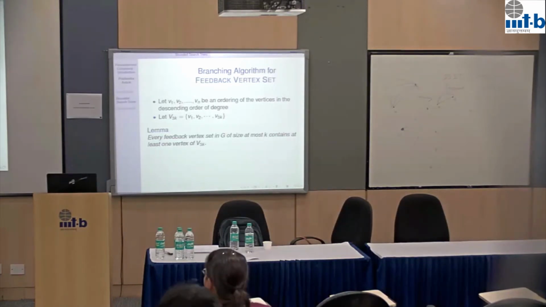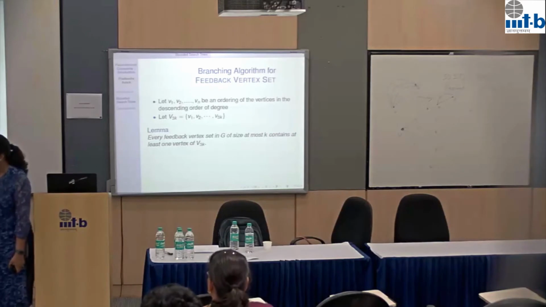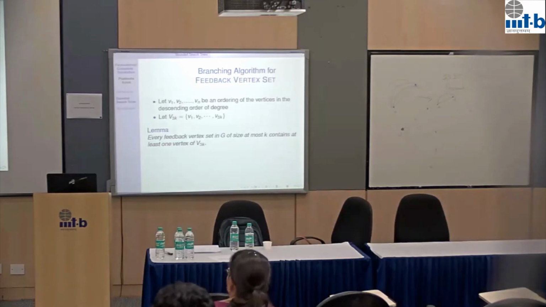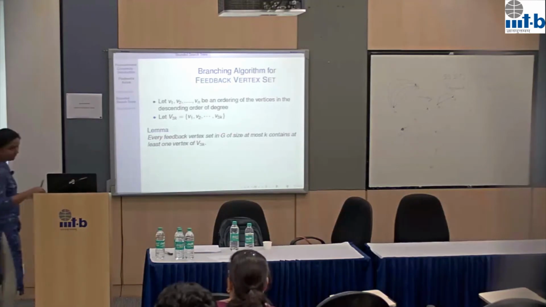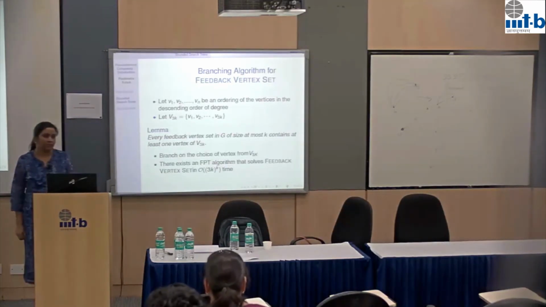So running time will depend on the size of the tree. You have a tree where every node has at most 3k child nodes, and the height of the tree is at most k. So it is 3k to the power k.